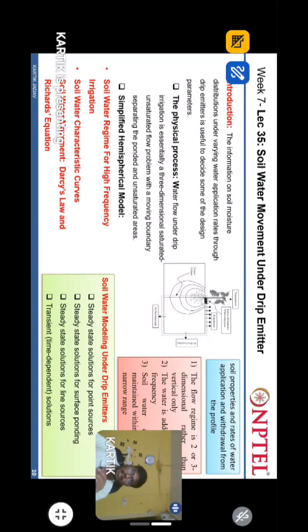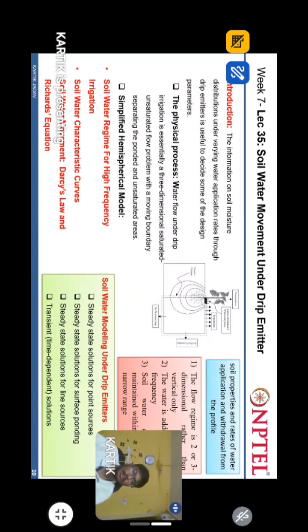And we are injecting water in a huge amount. While in a micro irrigation system, we are adding water at a very slow rate, but very frequently. So that will create a different pattern that we have understood in this lecture, right?